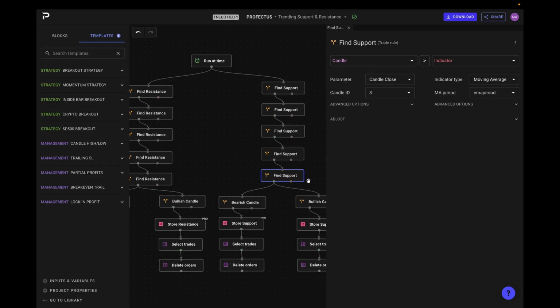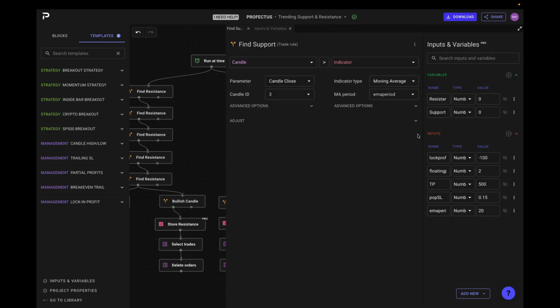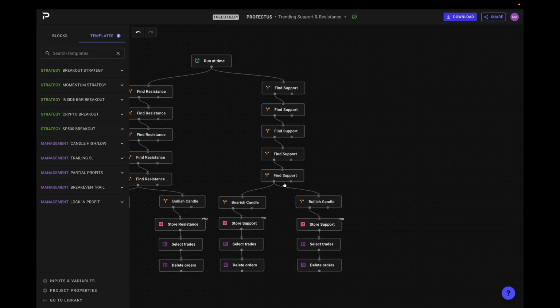After we found that, we check if the candle close of 3 is above the moving average of a certain EMA period. That's an input, so we can adjust it in our settings, but it's just 20. So is the candle close of 3 above the moving average 20 is what we are checking here. That is this block. If that is true, we move to the next things.